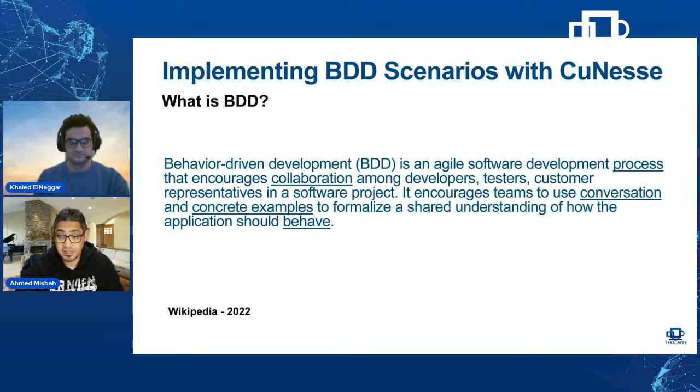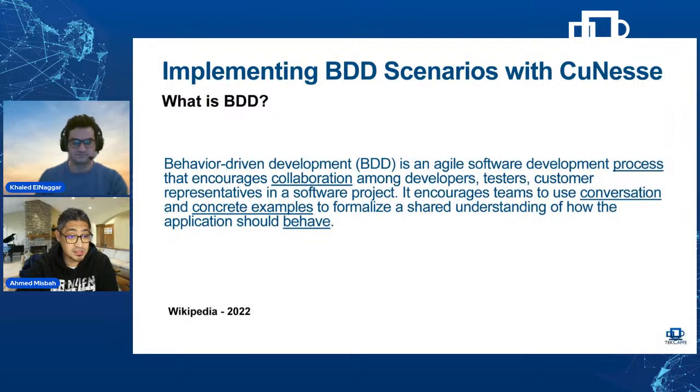It encourages teams to use conversation and concrete examples to formalize a shared understanding of how the application should behave. And you will notice that we have underlined the most important terms in this definition.